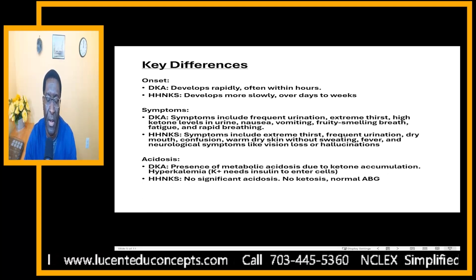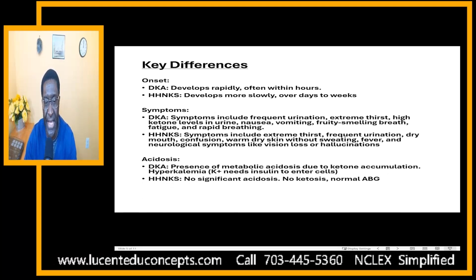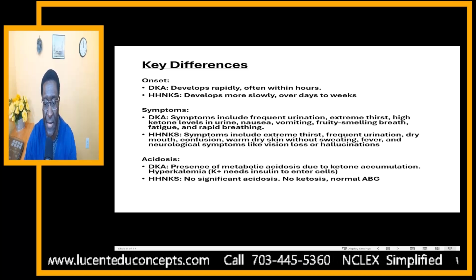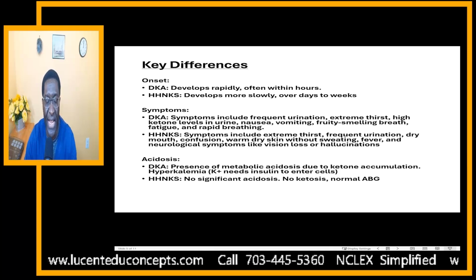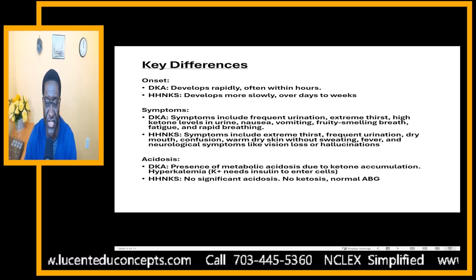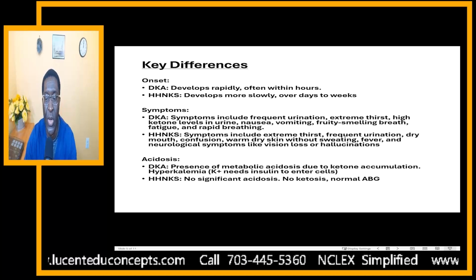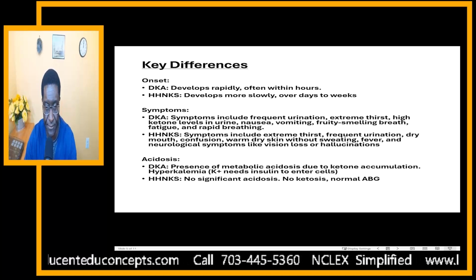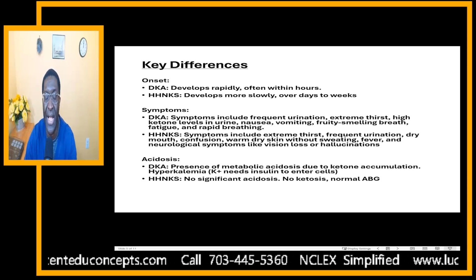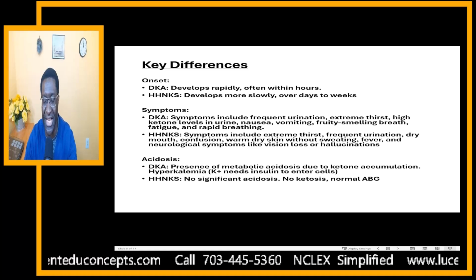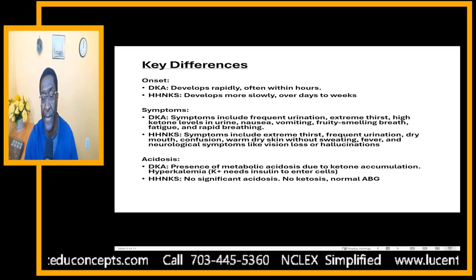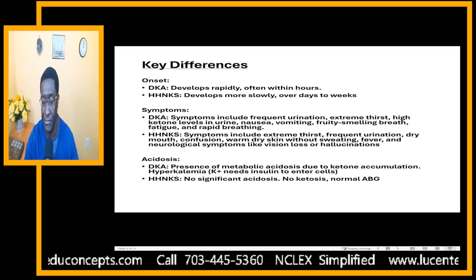What is the difference between DKA and HHS in terms of acidosis? Keep in mind that in DKA, the presence of metabolic acidosis is due to ketone accumulation. Because of the ketone accumulation, which leads to acidosis, we have a corresponding build-up of potassium.